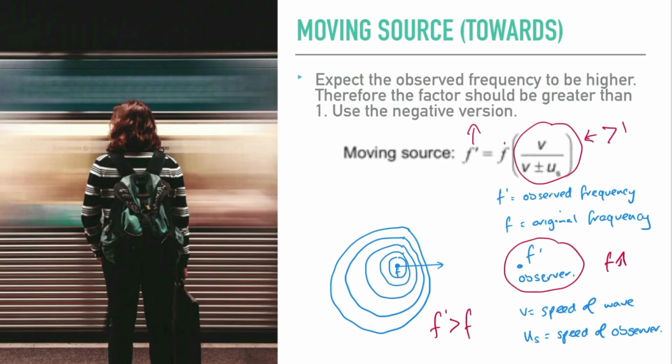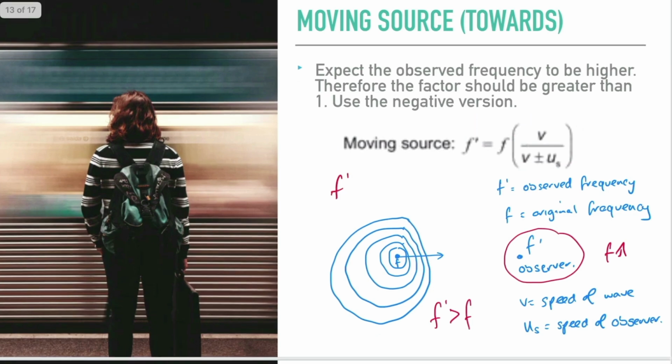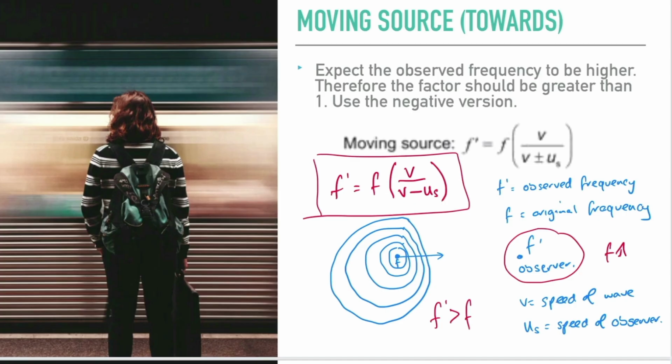For that factor to be greater than 1, this needs to be a negative, because this number will be smaller than that one, which means it's greater than 1. So if you have a moving source towards the observer, then you use f dash equals f v over v minus us, because you expect the observed frequency to be greater.